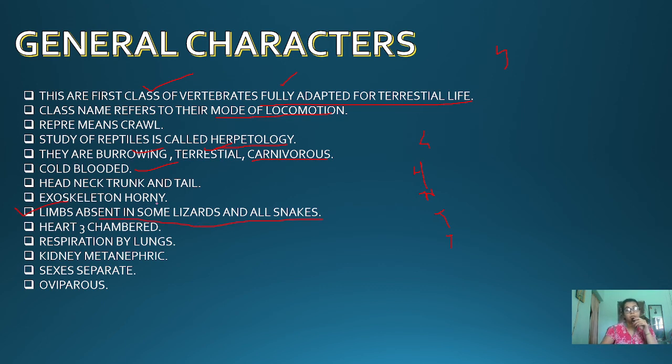Their exoskeleton is usually horny, they have a three-chambered heart, and respiration takes place through lungs, as they show the terrestrial mode of life. The sexes are separate, that is male and female are different. What type of development do they show? They have oviparous reproduction, that is they lay eggs. These are the certain characteristics present in the class reptilia.